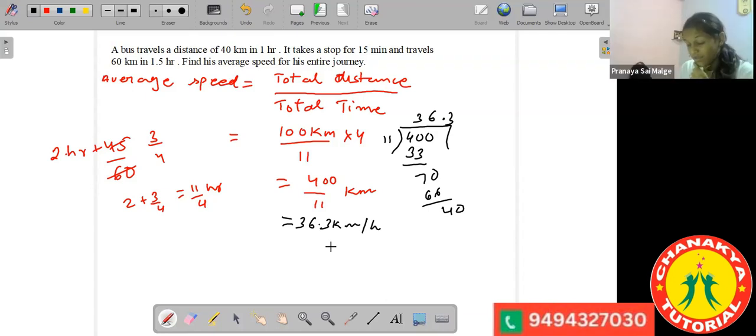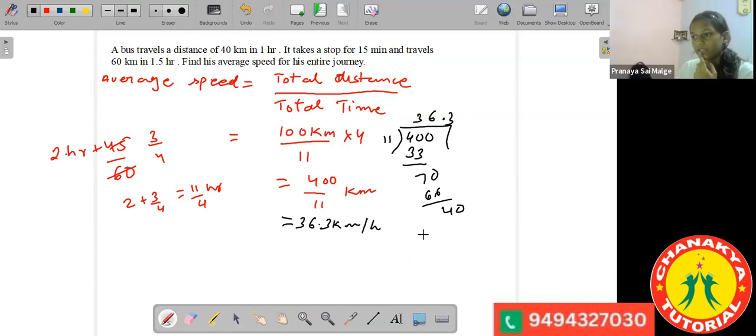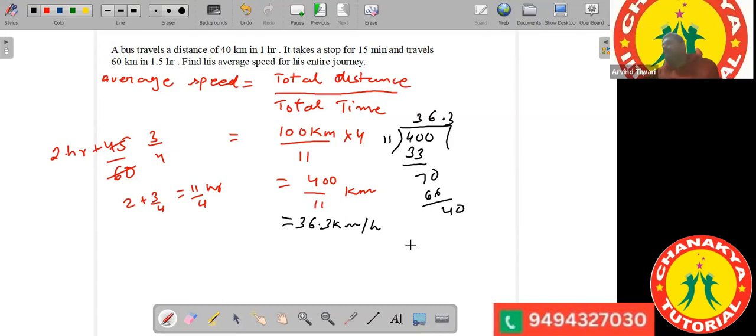So I did something like 1 lakh meters divided by 90,450. I got 1.10 meter per second. Okay. Even if you are getting 400 by 11, you just convert it to meters per second by multiplying by 5 by 18.